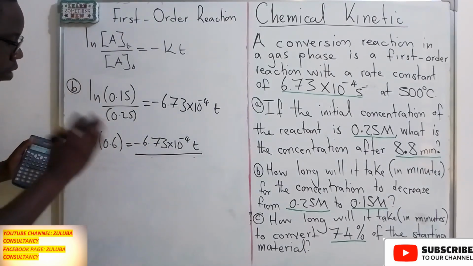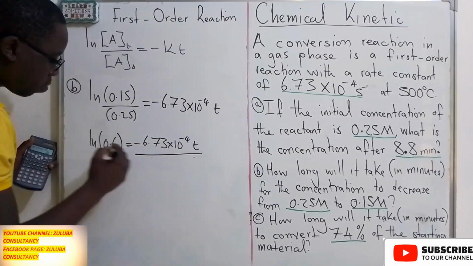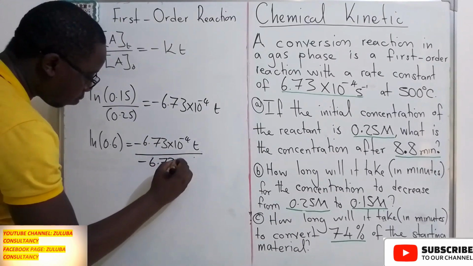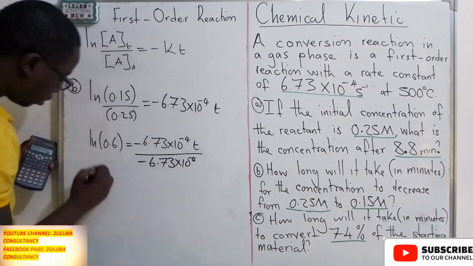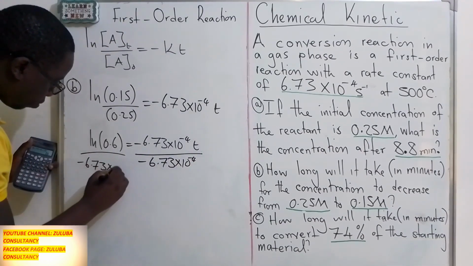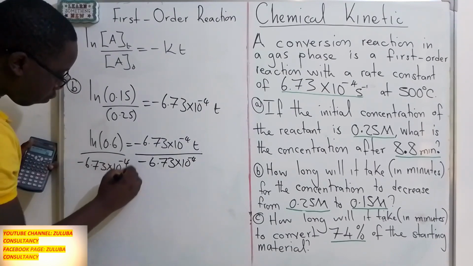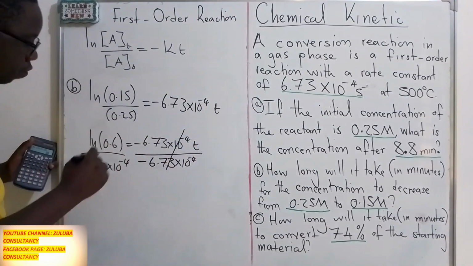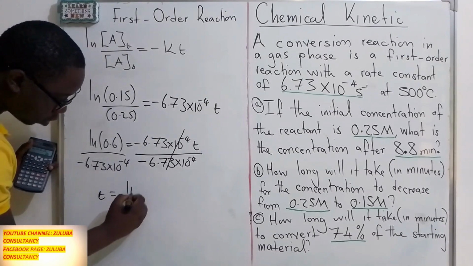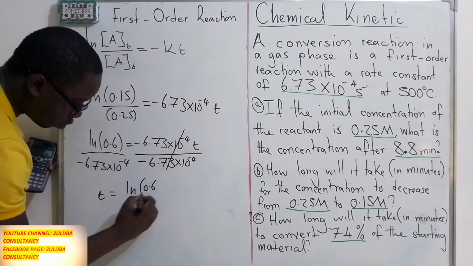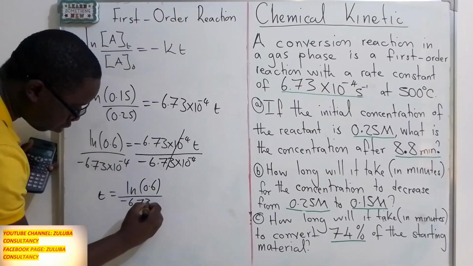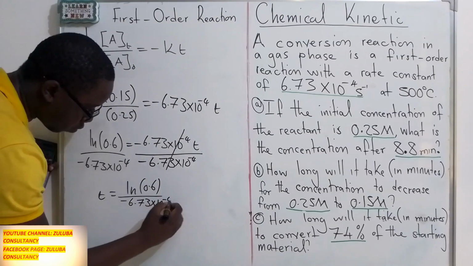At this time, we can make t the subject of the formula by dividing both sides by negative 6.73 times 10 to the power negative 4. On this side also, negative 6.73 times 10 to the power negative 4. These two will simplify. We'll have t is equal to the natural log of 0.6 divided by negative 6.73 times 10 to the power negative 4.